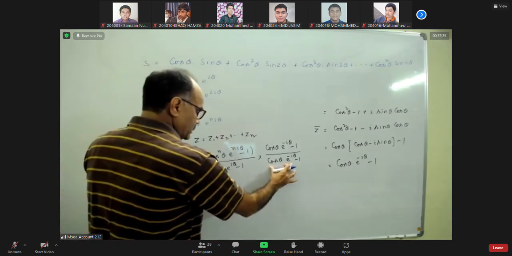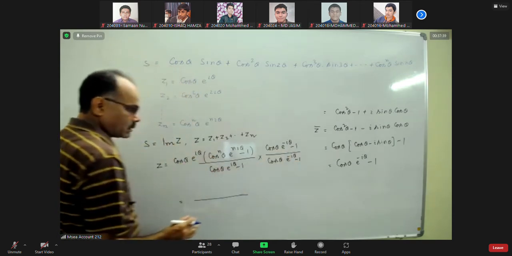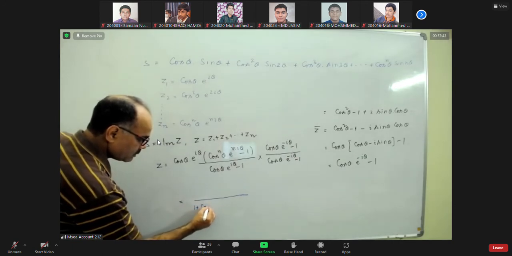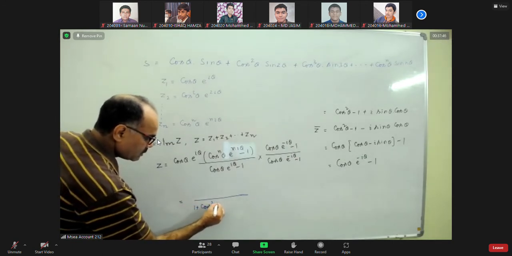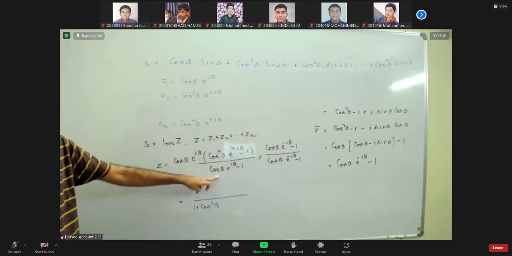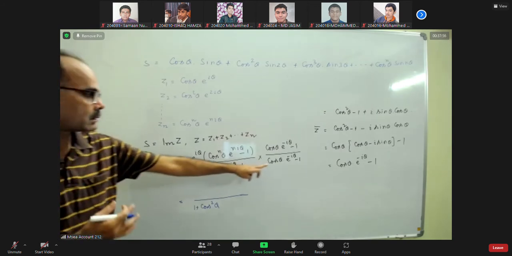This into this, cos square theta, real part, cos square theta plus 1. Now this into minus this, so minus cos theta into cos theta plus I sin theta.